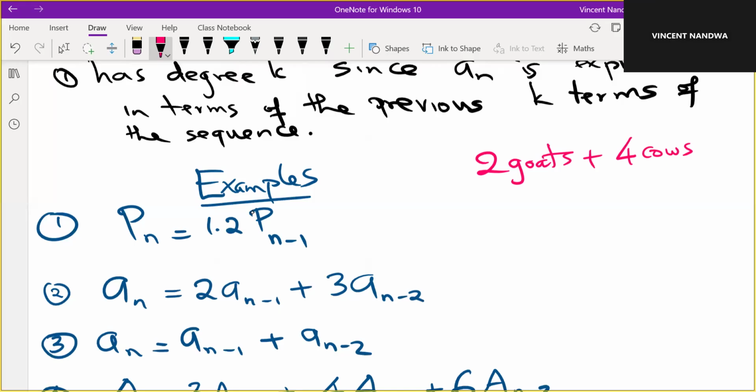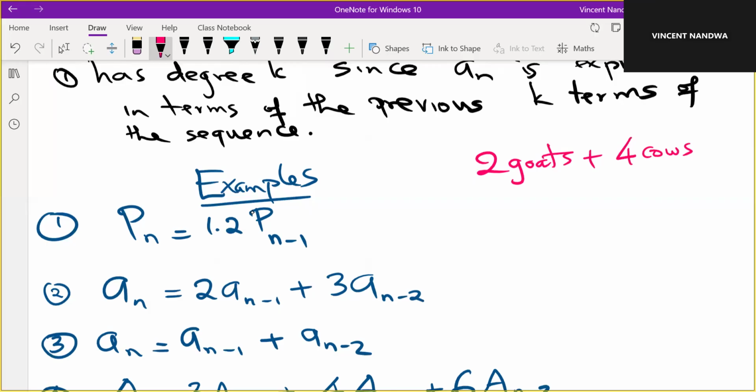2 goats. Good. So remember, an is a sequence, an minus 1 is a sequence, an minus 2 is a sequence. So you cannot combine an minus 1 and an minus 2. These are actually totally independent things. It would be very wrong for you to say that we are combining 2 plus 3 is 5 and putting n minus 1 and n minus 2 together. That's not how we interpret them.